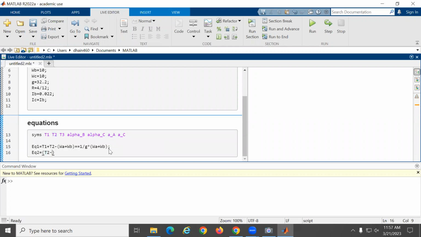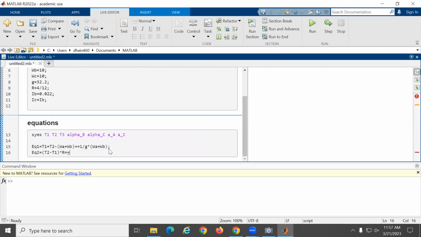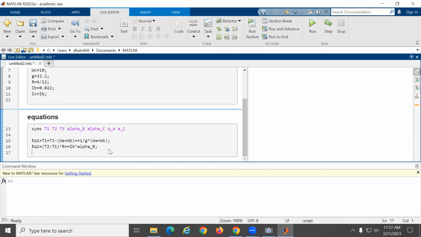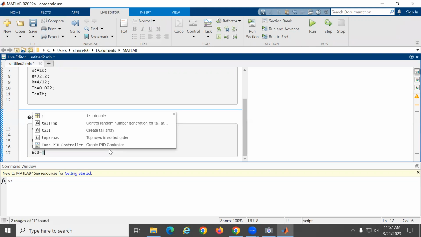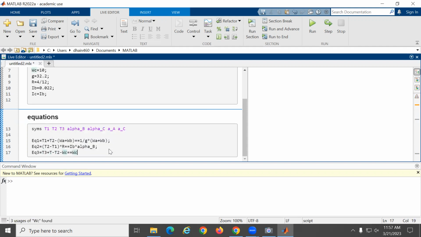T2 minus T1 times R equals I, how do we do the IB times alpha B. Okay, equation 3: T3 plus T minus T2 minus the weight of C equals the weight of C divided by G times A of C. Do you need to put parentheses between the G?